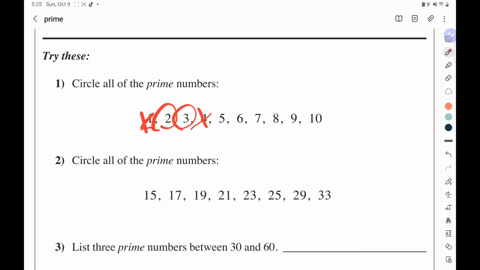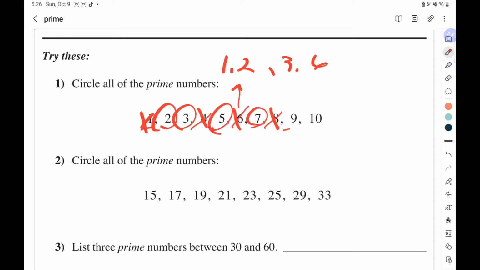So that makes 4 not a prime number. 5 is a prime number because the only factors of 5 are 1 and 5. 6 is not a prime number because 6 has many other factors. We have 1 and 6, and 2 and 3.